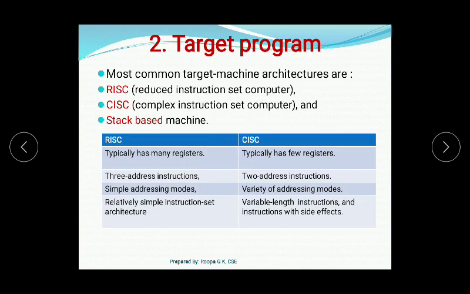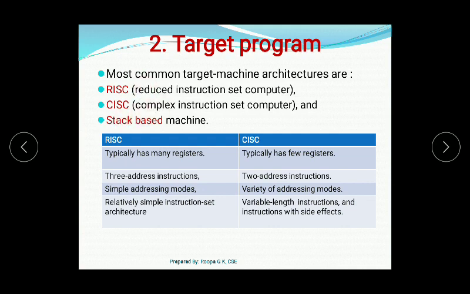So what is the second issue? It is about target program. Target program in the sense the language which is used to write the machine code. So most common target machine architectures. Here this particular issue depends upon the architecture of the computer we are using. So more common architectures are either RISC or CISC or stack based machine.